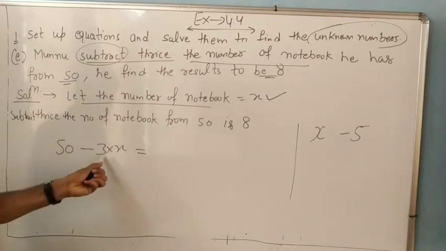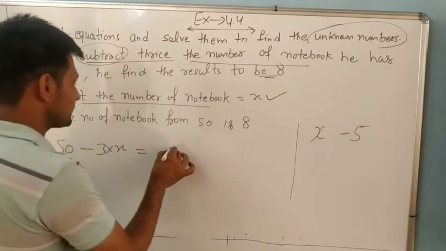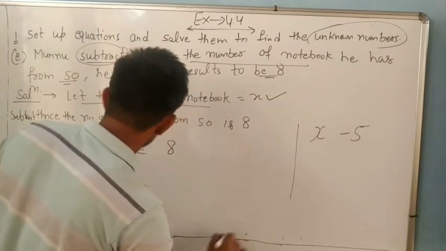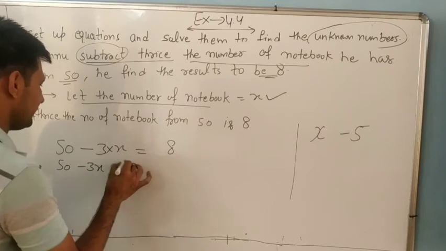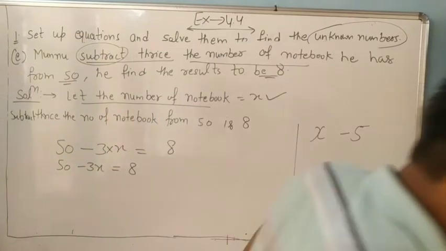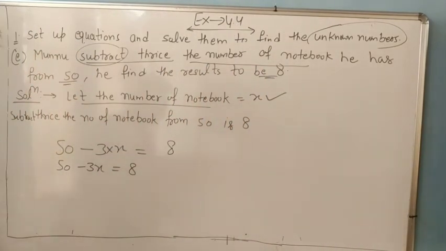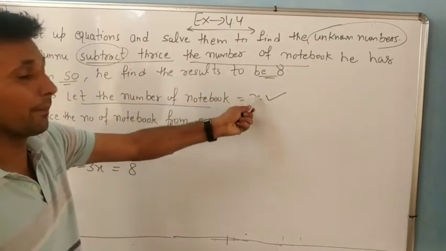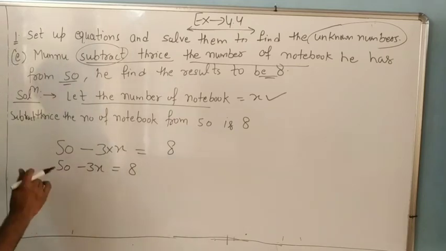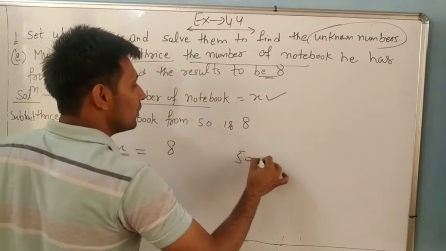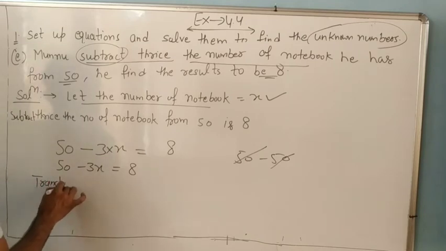So thrice the number of books is subtracted from 50. The result is 8. Now it becomes 50 minus 3x equal to 8. Now we want to find the unknown number x, so we have to remove 50. 50 is positive here, so you can write subtract 50 from both sides, or transposing.